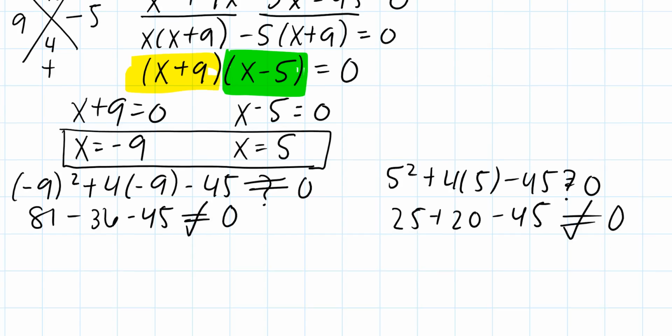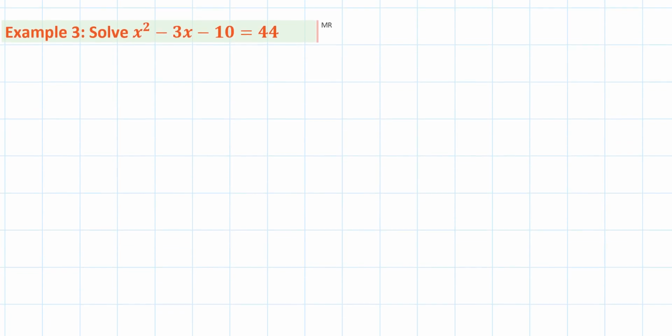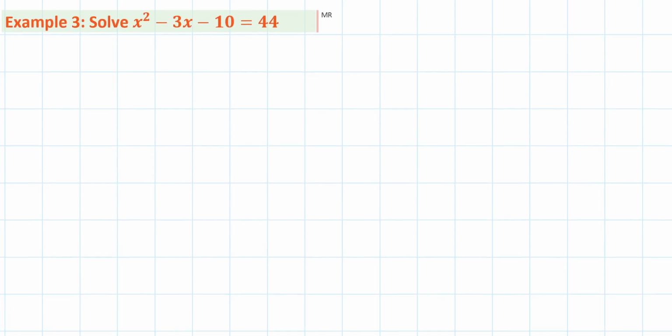Okay, last example today. This example is a little different from example 3 because we have terms other than 0 on both sides of the equation. Now, our guiding idea is that if two things multiply to 0, one of them must be 0. We don't have any special guiding ideas about 44.